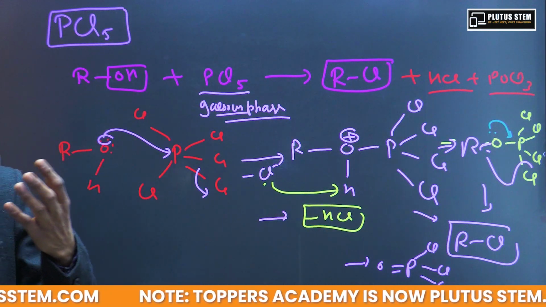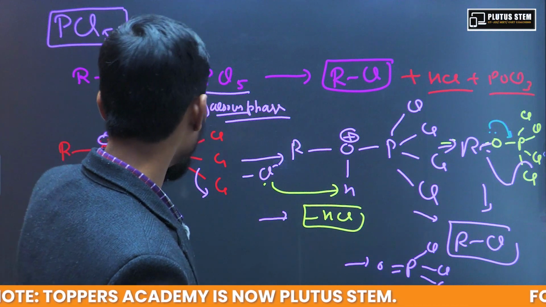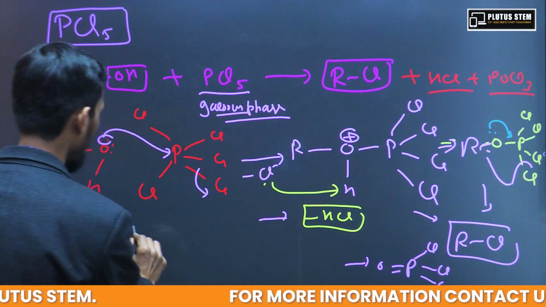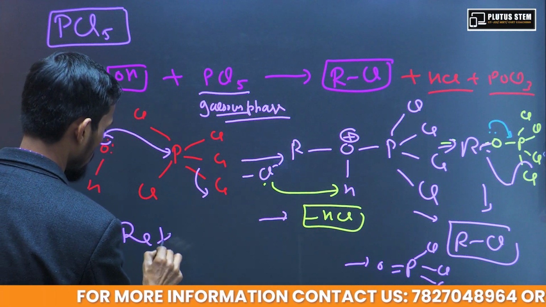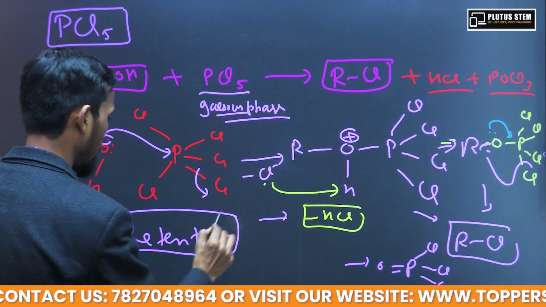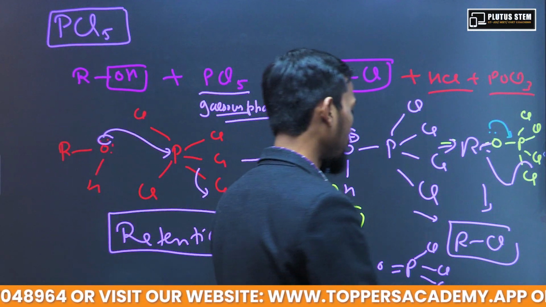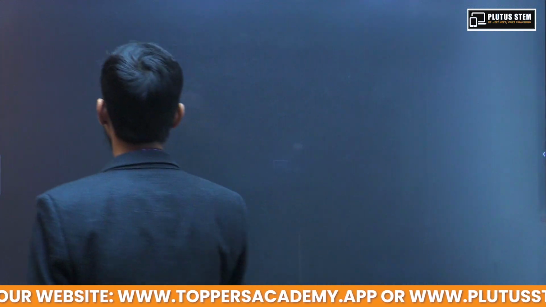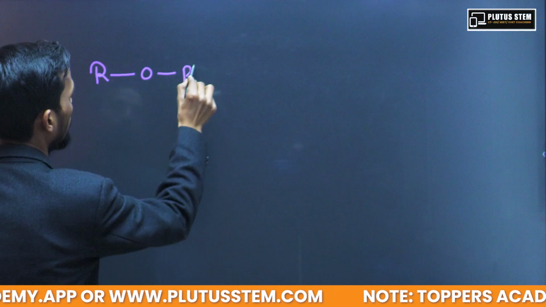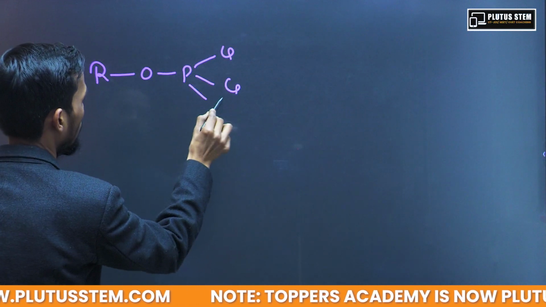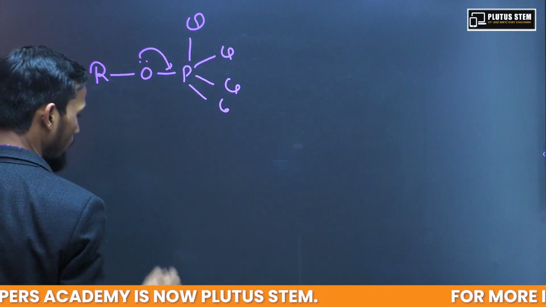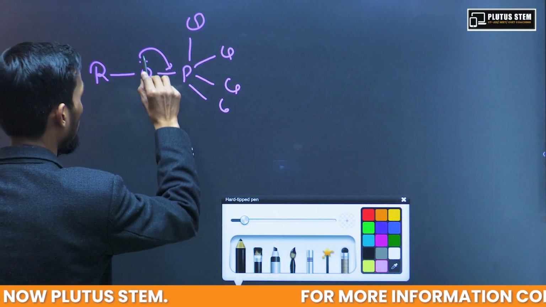One more thing over here: the stereochemistry will be, you can see, retention in configuration. Over here the stereochemistry will be retention, because I have shown you RO, PCl, Cl, Cl, and Cl. This bond is coming over here, and this bond is coming over here.